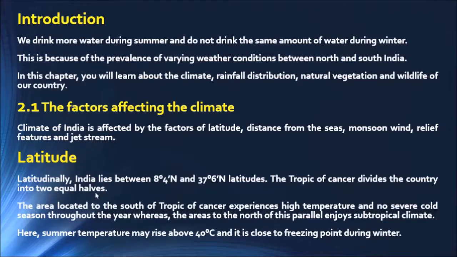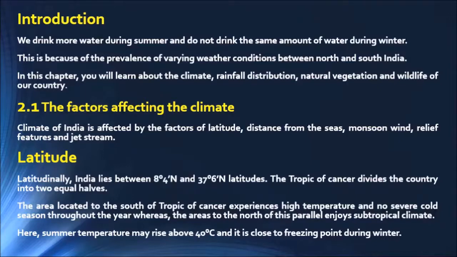First, children, what is meant by latitude? Latitude is the angular distance north or south of the Earth's equator, measured in degrees along a meridian on a map or a globe. So latitudinally means a region of the Earth considered in relation to its distance from the equator. According to this, the Tropic of Cancer divides the country into two halves.